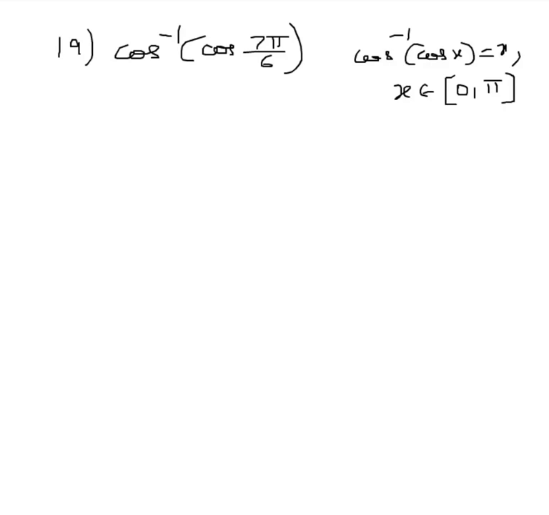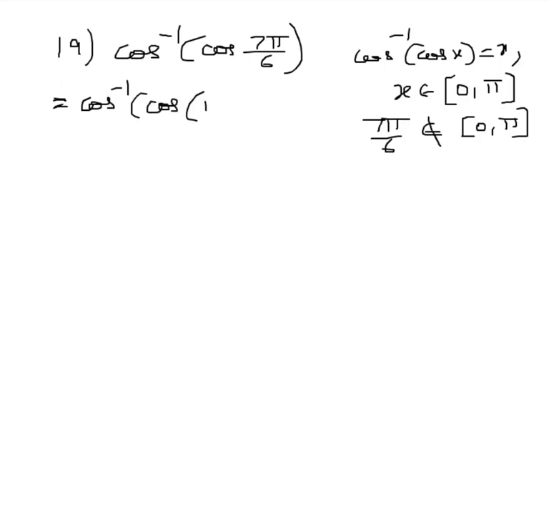Now 7 pi by 6 is a third quadrant angle. We cannot cancel cos inverse and cos because 7 pi by 6 doesn't belong to the principal value branch.